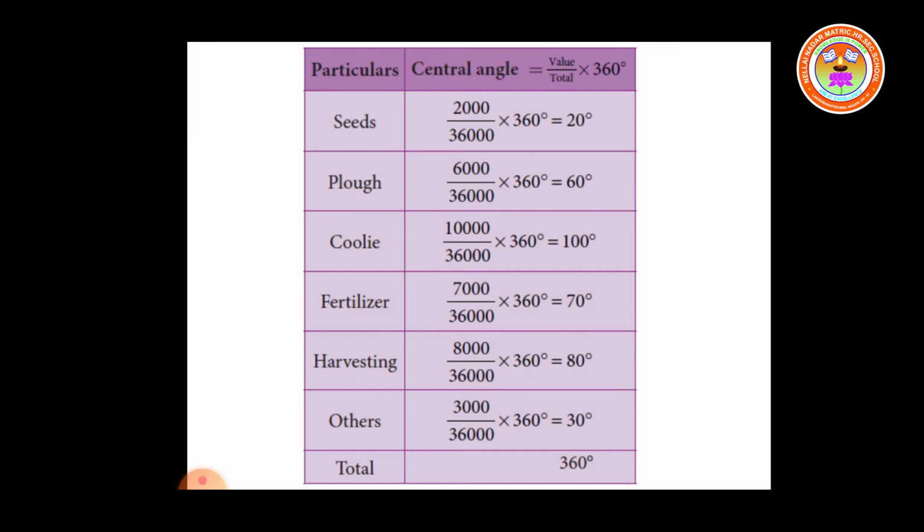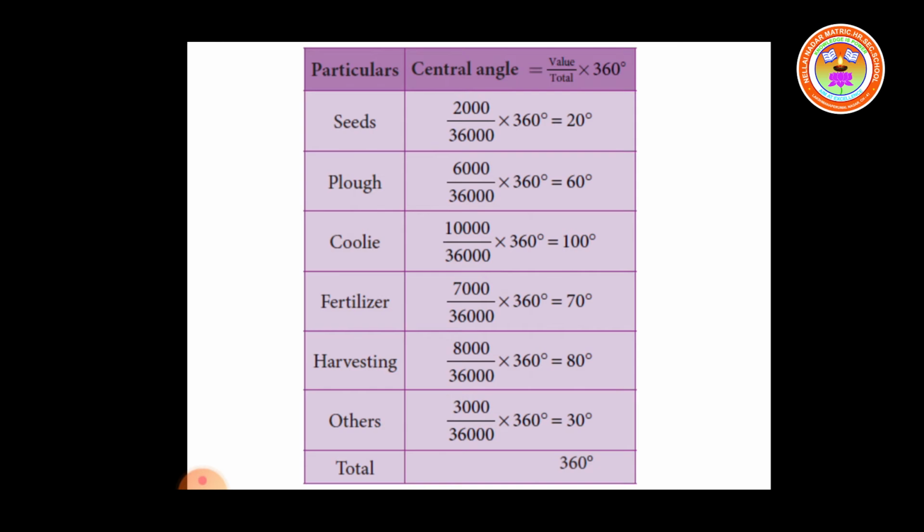Then coolie, that is wages, 10,000 divided by 36,000 into 360 degree. It will give 100 degree. Then for fertilizer, 7,000 by 36,000 into 360 degree, it will give 70 degree. Then harvesting, 8,000 divided by 36,000 into 360 degree is equal to 80 degree.